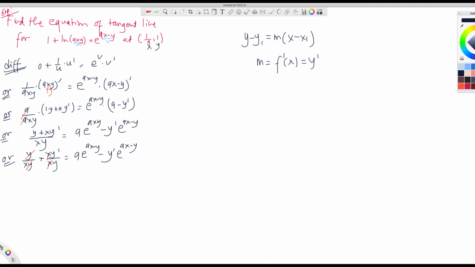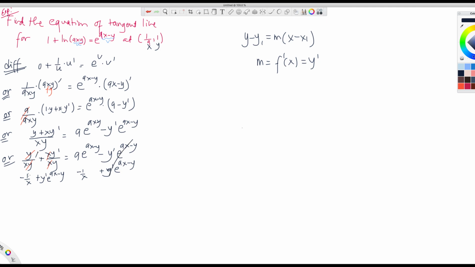What I want to do is subtract 1 over x, okay? And then let's subtract 1 over x, and I want to add y prime e to the 9x minus y on both sides. That's what I want to do. So let me cancel the things. That will cancel out, right?